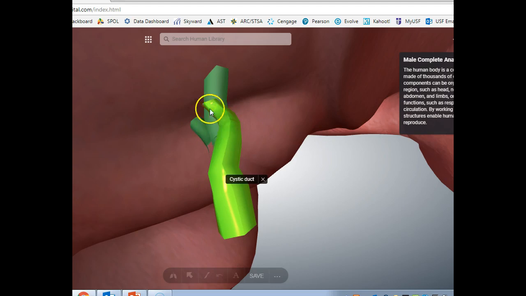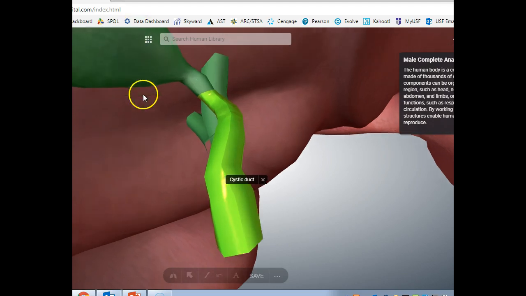So these are going to be the hepatic ducts right here, so right and left. And this is going to drain bile from the liver. Okay. So then next we're going to have the cystic duct, where bile is going to enter and leave the gallbladder, which sits right here.